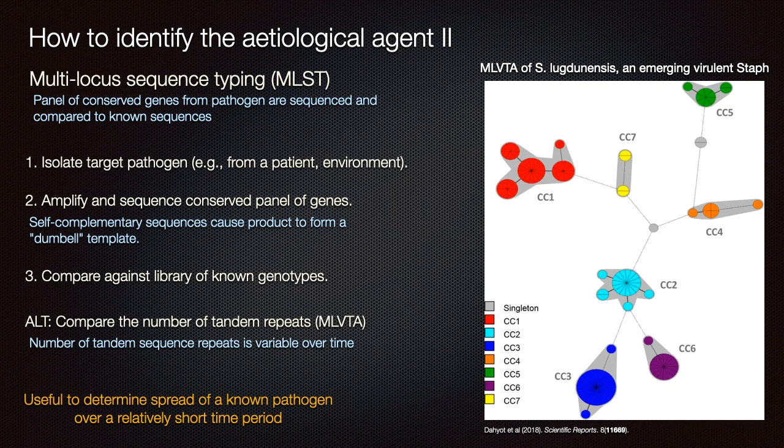In some pathogen genomes, there are areas of the genome comprised of tandem repeats, fairly short repeats of the same sequence, right next to each other. As pathogens replicate, the number of tandem repeats tends to slip. As such, we get different numbers of those tandem repeats in different genotypes, different strains of the pathogen.